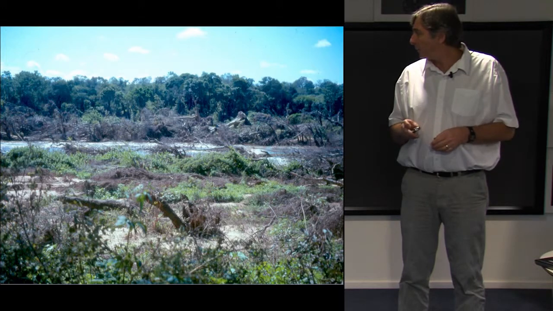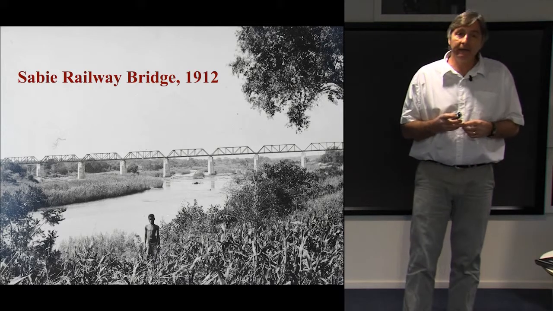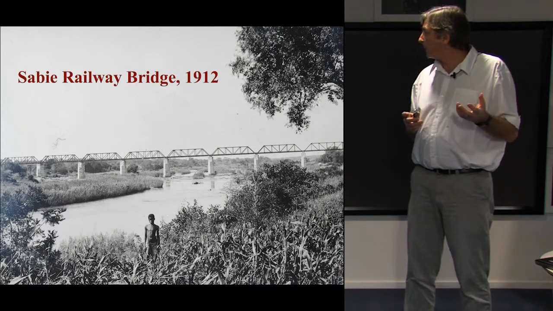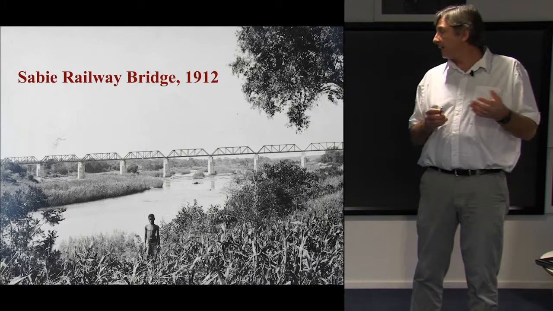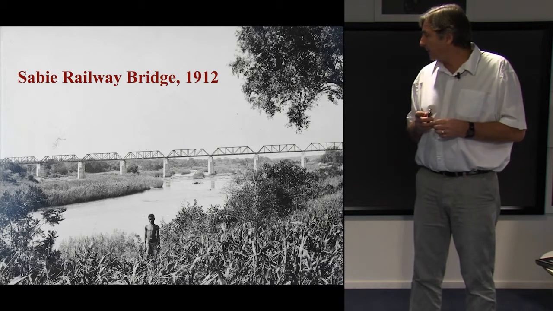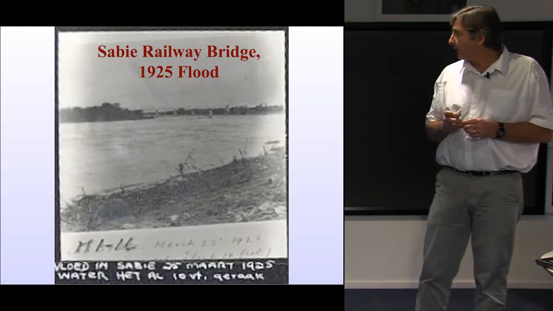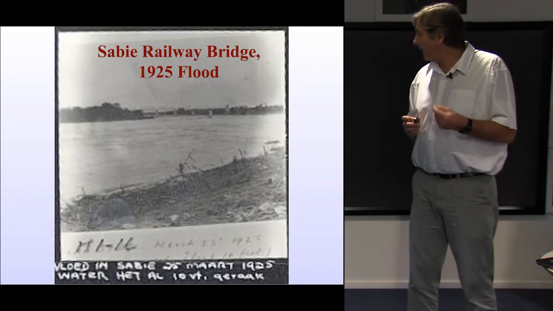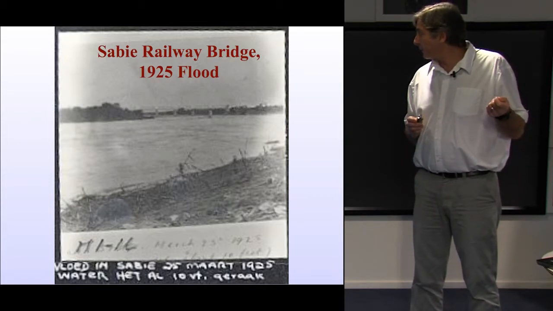And going back through the records, it was possible to find old photographs right back to the early years of the 1900s. This is a picture taken in 1912 of the Sabi Railway Bridge, which was built a few years earlier than that. And here you can see, again, quite extensive reed beds, evidence of extensive riparian vegetation, and quite a constricted channel. Then in 1925, you can again see, hopefully, the Sabi Railway Bridge in the background of this picture. There was a very large flood which stripped out a lot of the riparian vegetation.